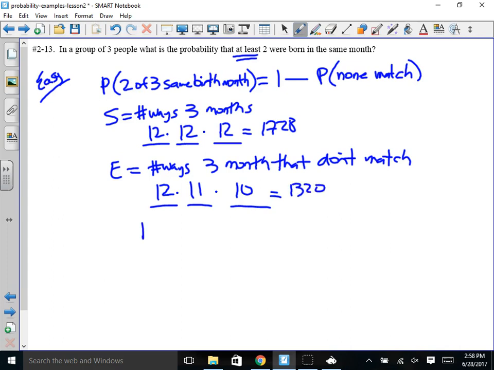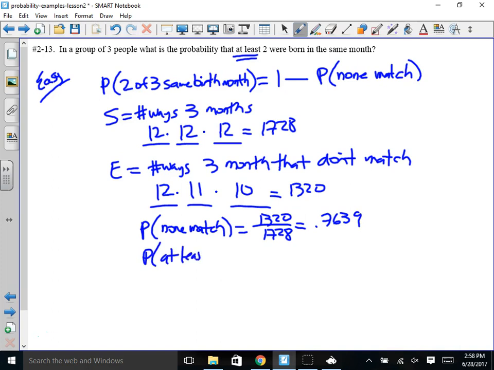And so the probability that none match is 1,320 over 1,728, which turns out to be about 0.7639. And so the probability that at least 2 do match is 1 minus that, which would be 0.2361.